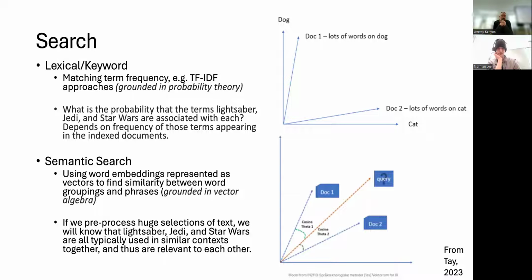And so using that kind of a technique, we can ideally select documents in a search that are more relevant to the kinds of meaning and context of your query, as opposed to which terms you're specifically using in that query.